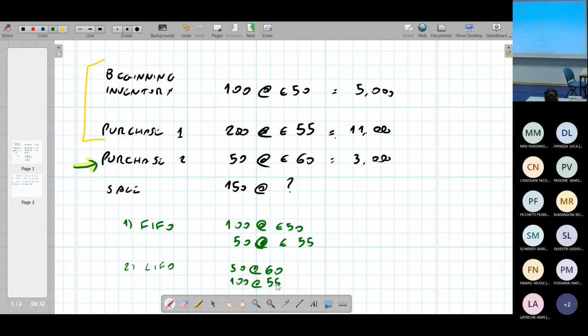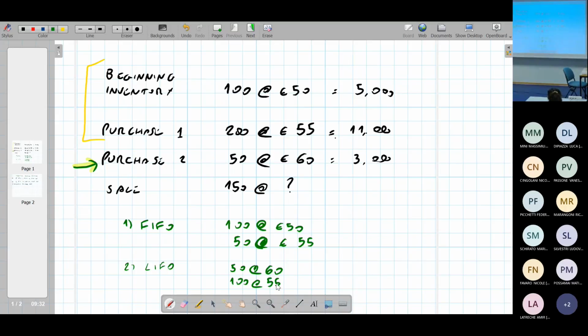So the choice between the two methods is not indifferent. It generates different effects on the financial statements. This applies when prices are changing. If the prices remain the same, then you don't have any difference.